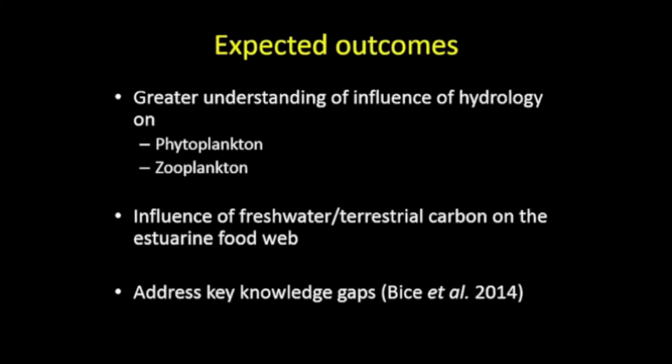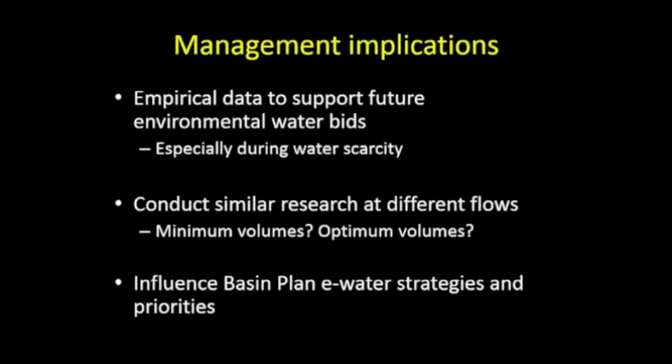Perhaps most importantly, it will give us much more data on the influence of freshwater and terrestrial carbon on the estuarine food web. These have also been knowledge gaps brought up in a range of different projects, including a previous project, so these results will answer some of those gaps.